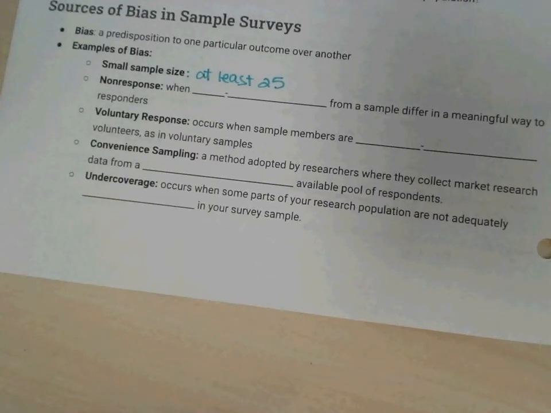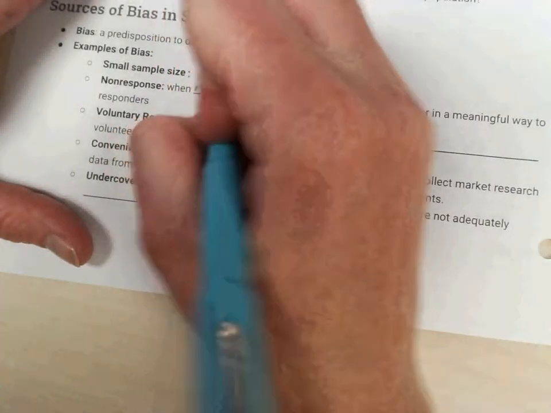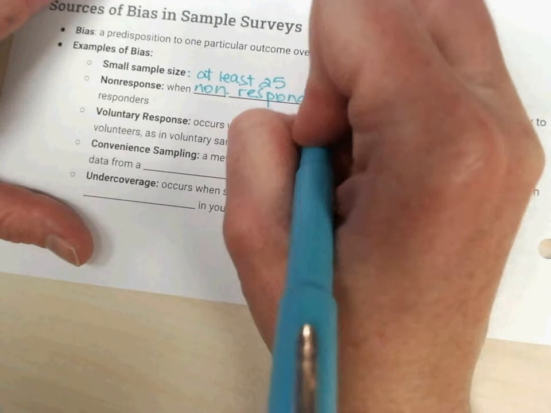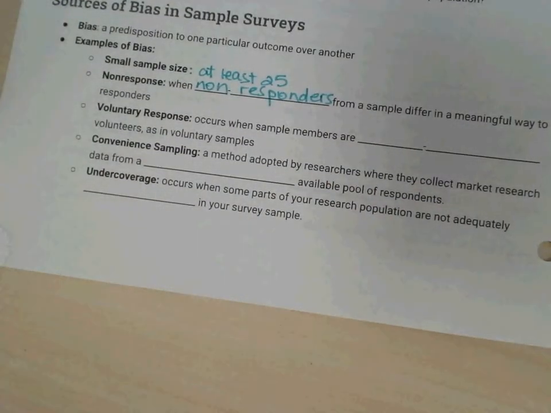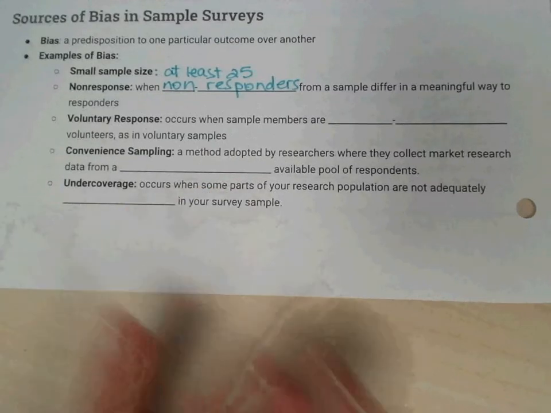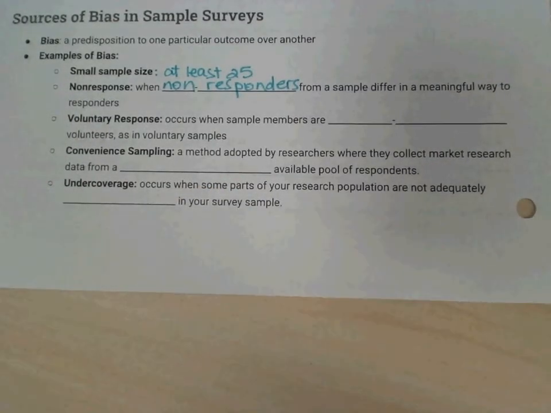Another type of bias is non-response. Non-response bias is when non-responders from a sample differ in a meaningful way to responders. This is where that opener comes in.